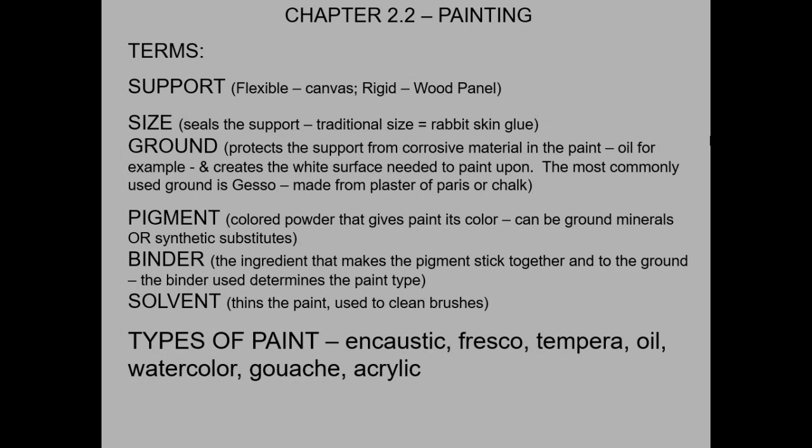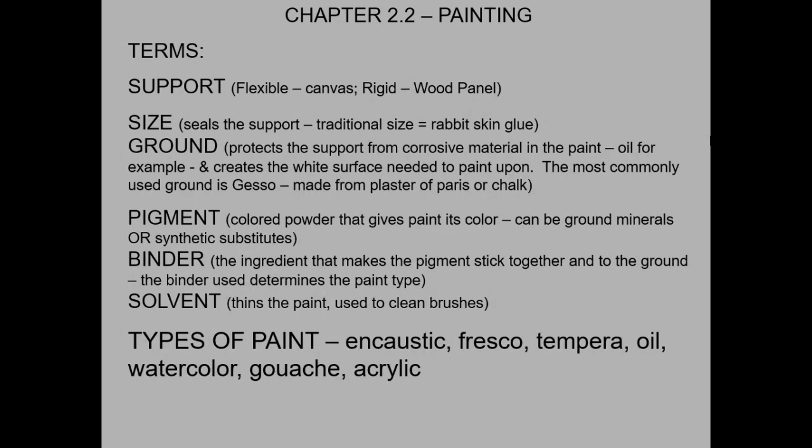Once the support has been sealed with a size, we then apply another layer on top of the size. We refer to that as the ground, and that is going to act as another barrier to protect the support from the caustic effects of paint like oil, but it also creates a brilliant white surface to paint on.